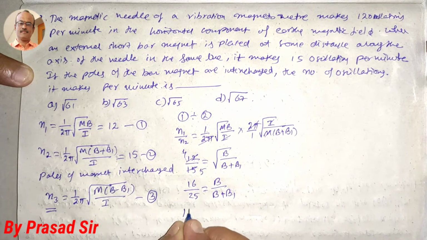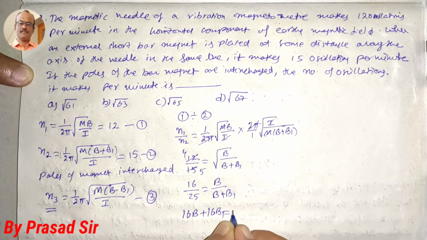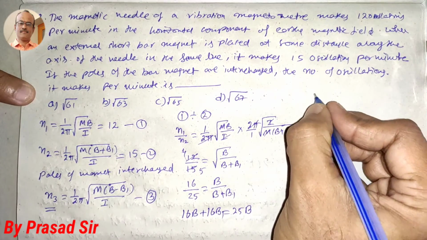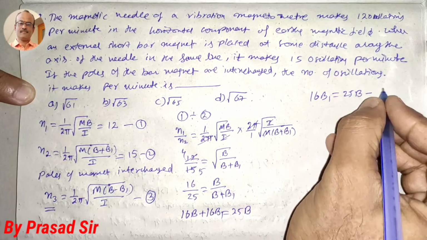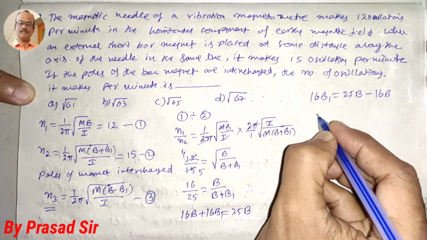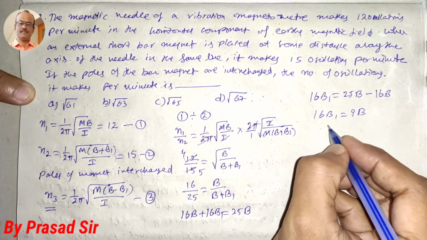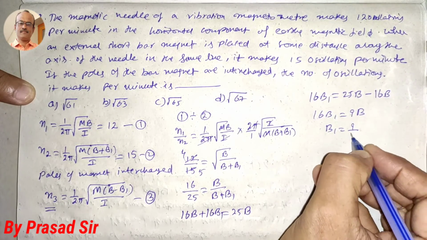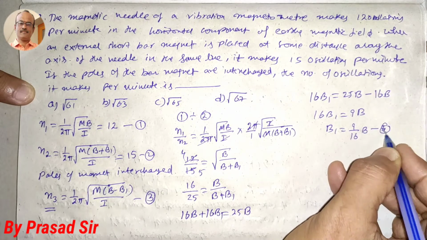Cross multiplication, 16B plus 16B1 is equal to 25B. So then 16B1 is equal to 25B minus 16B, 16B1 is equal to 9B. So B1 is equal to 9 by 16 B. This is the equation number 4.